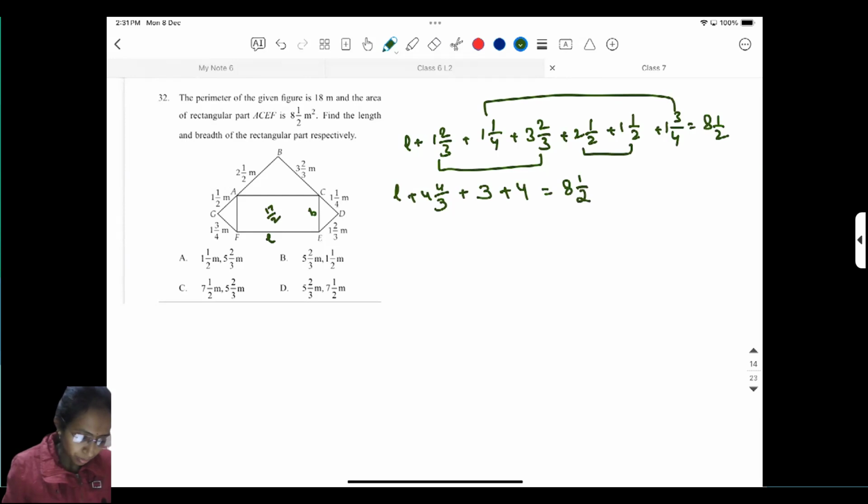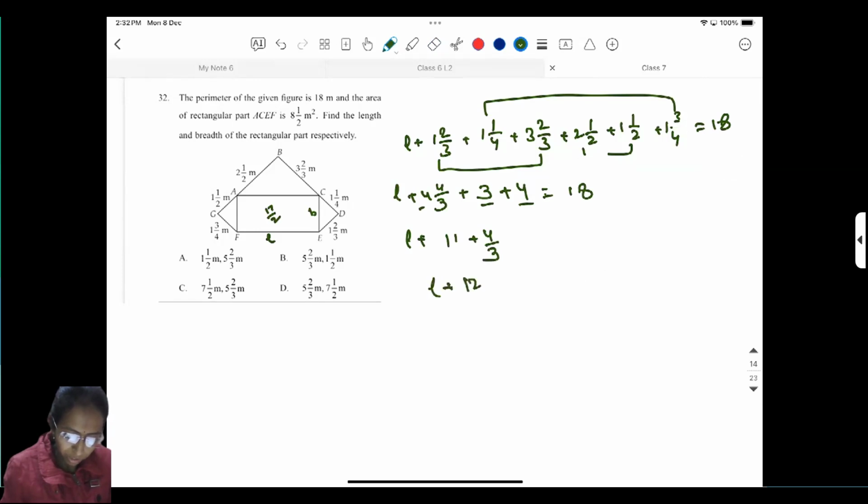I think there is some problem with this. Just a minute. Yes, we have noted the perimeter incorrectly. The perimeter is 18, not 8.5. 8.5 is the area. So the perimeter is 18. Now L plus 4, 4, 8, 9, 10, 11, plus 4 by 3, or we can write it as L plus 12 1 by 3 is equal to 18.